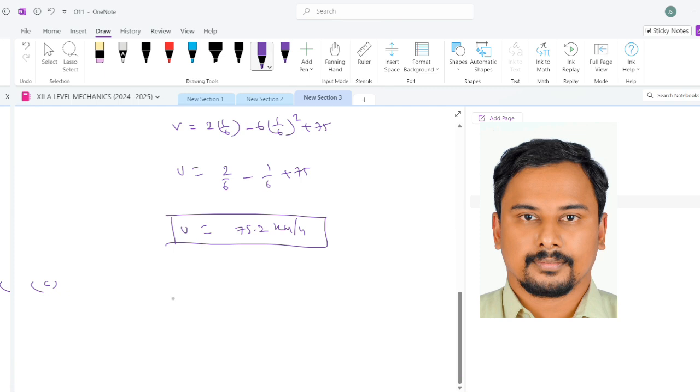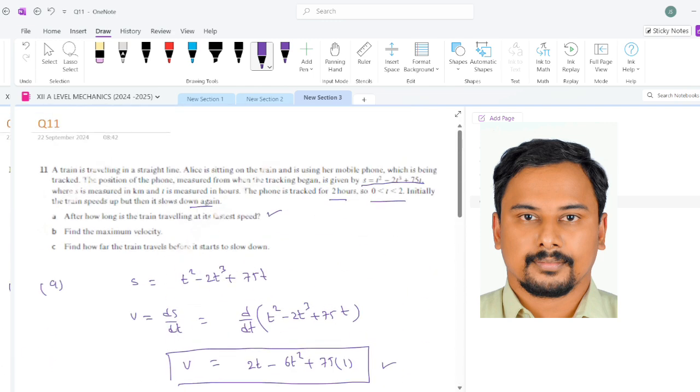It slows down when time t is equal to 1 by 6 hours, because that is the maximum speed attained. Once it attains the maximum speed, after that it slows down. Therefore, distance is equal to, so what is the distance equation given? t square minus 2t cube plus 75t.